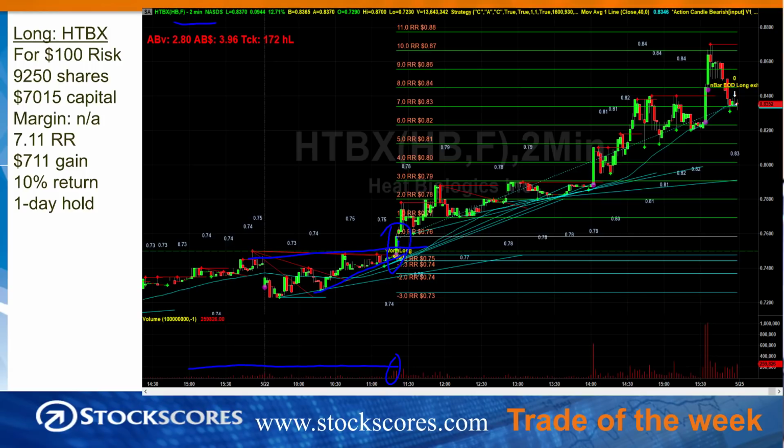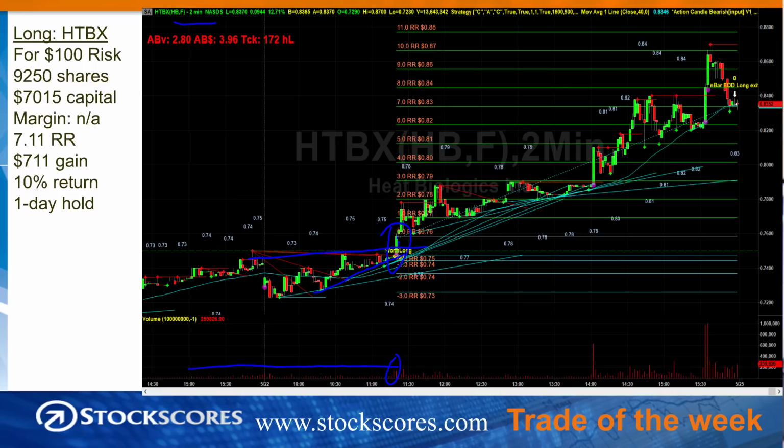But in this case, it's actually fairly capital intensive for that $100 risk tolerance. You know, many of my day trades of the week often require less than $2,000 of capital for the same amount of risk. And the reason that this one requires more capital is because it's actually a less volatile stock, even though it is a cheap stock, under $1.